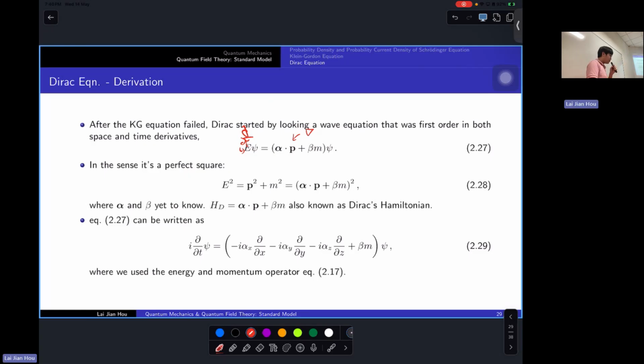So first order in both space and time derivative. When taking the square, it gives us the Einstein relation of momentum and energy. It's a perfect square. But then the alpha and beta, we are yet to know what they are.